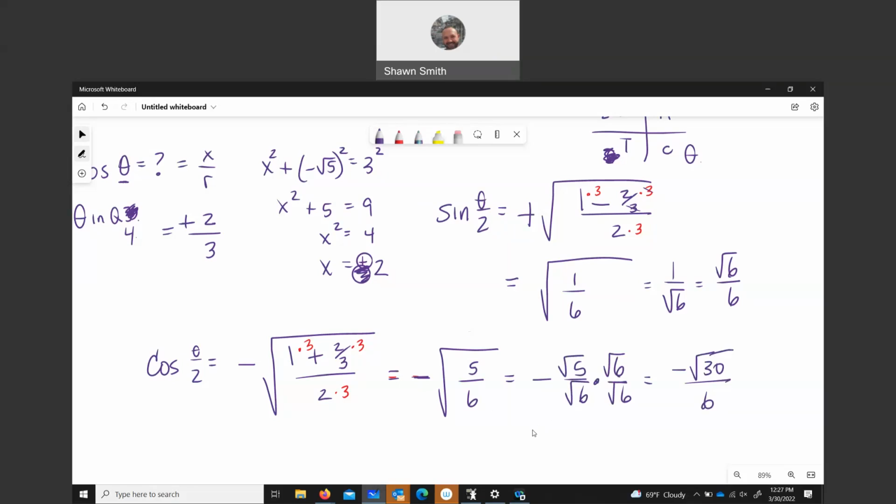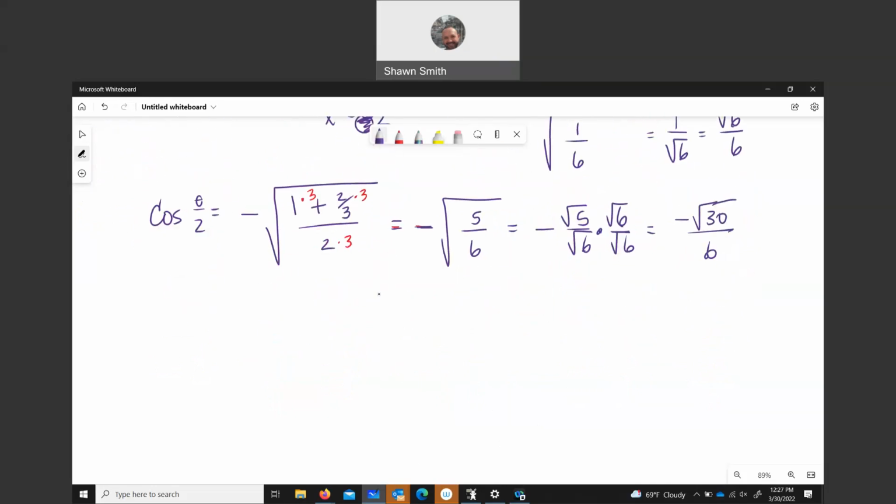And lastly, tangent. Tangent in quadrant 2 again is going to be negative. We've got 1 minus the cosine on top, so 1 minus the 2/3, and 1 plus the cosine on the bottom.